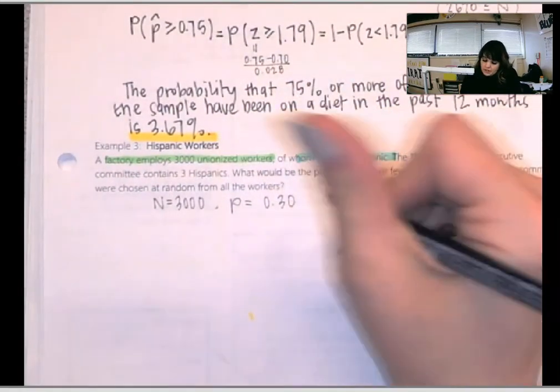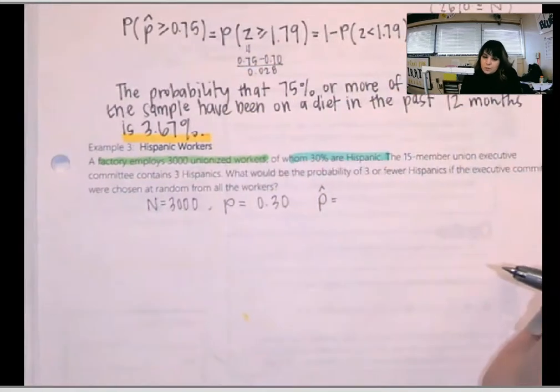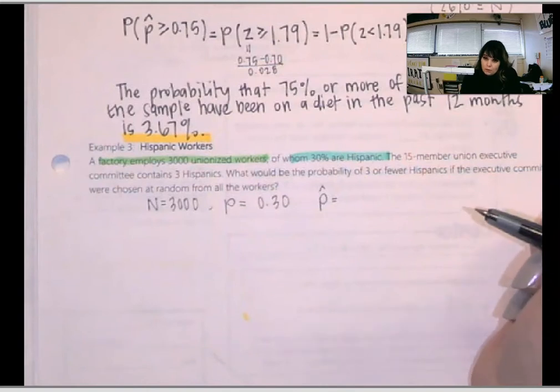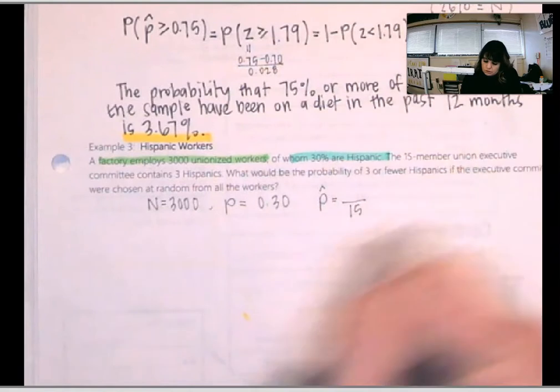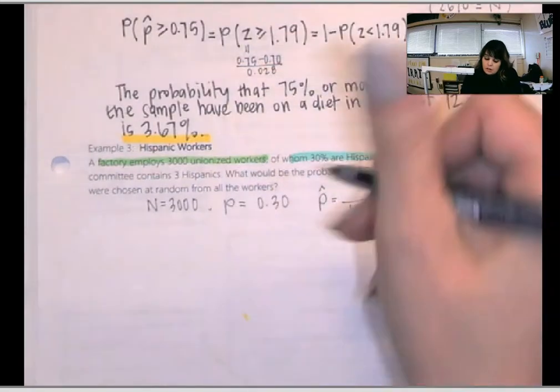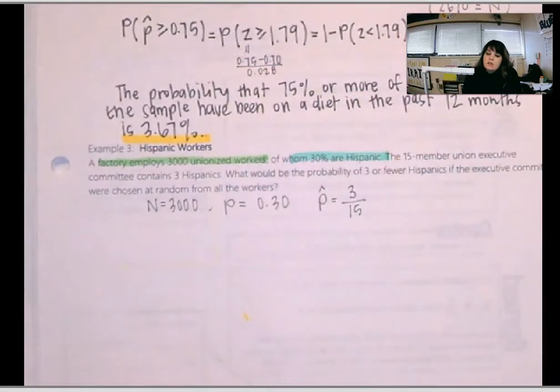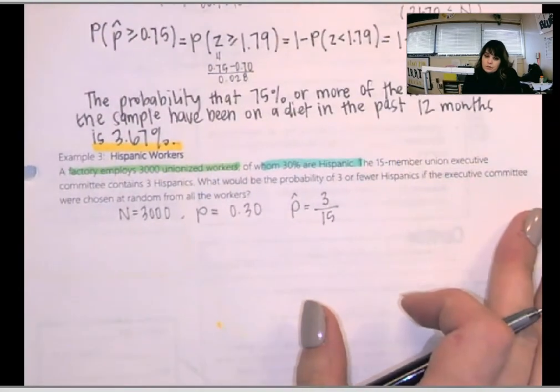Okay, well, what they're asking us to find is, what's the probability we would get a sample value of 15 executive committee members, of which 3 are Hispanic. So there, we actually have to calculate the proportion.